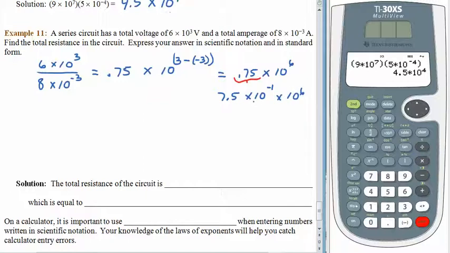Combine these powers of 10 over here, and we have 7.5 times 10. Negative 1 plus 6 is 5. So 7.5 times 10 to the 5th ohms.